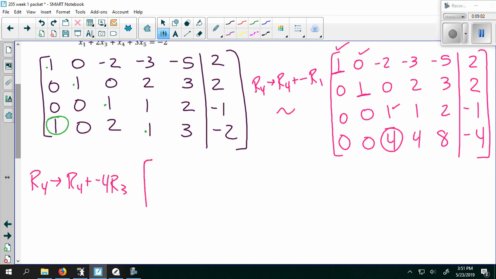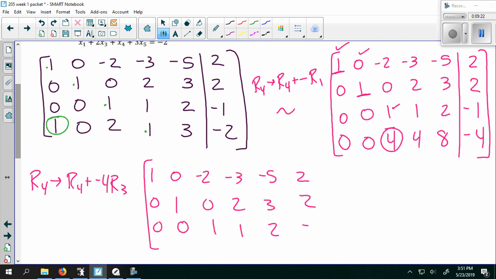Okay, so my new matrix, only thing that's changing is row 4, so I'm just going to copy my other rows real quick. 1, 0, -2, -3, -5, 2; 0, 1, 0, 2, 3, 2; 0, 0, 1, 1, 2, -1. And then row 4 is changing.